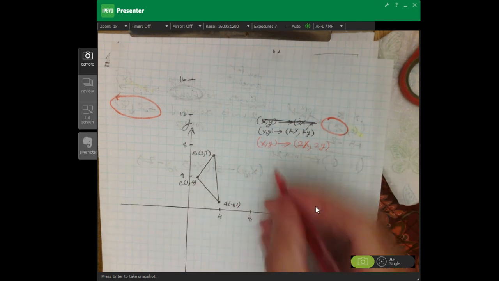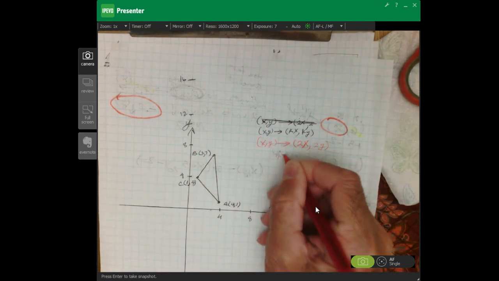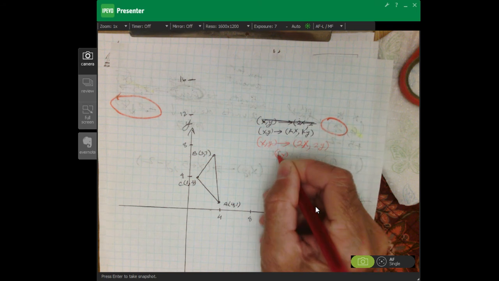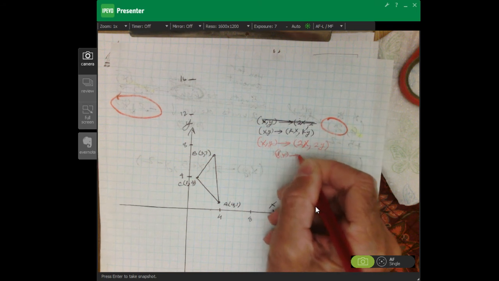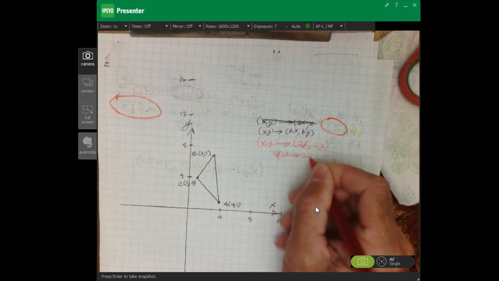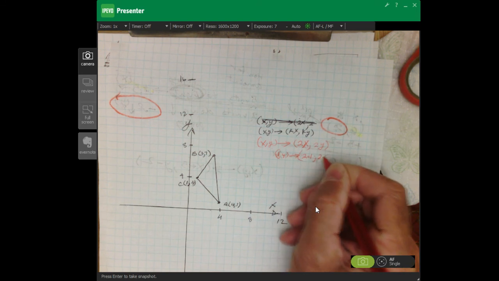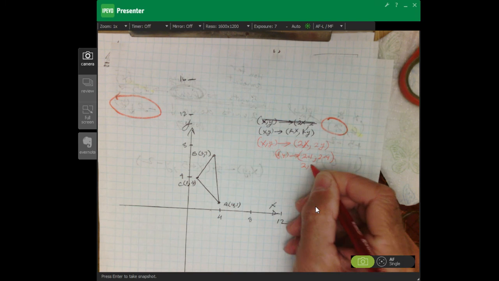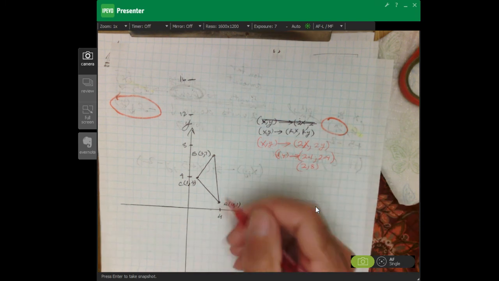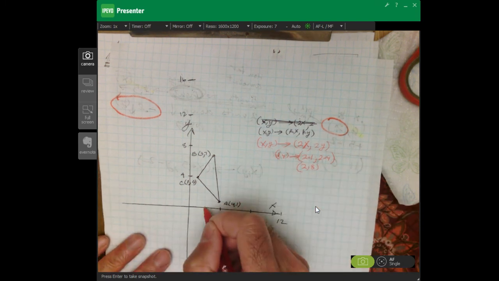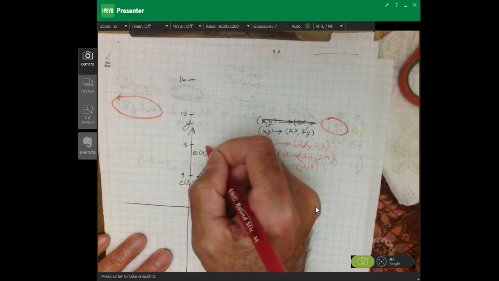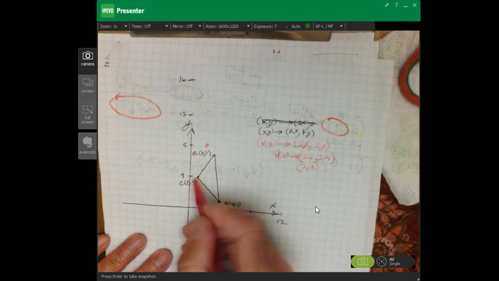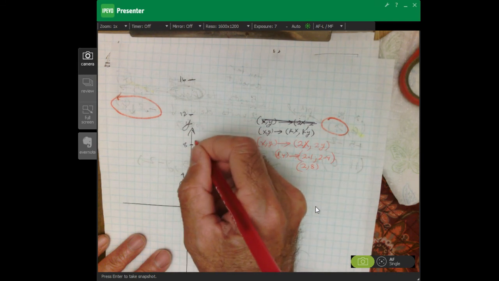So if we look at 1, 4, that becomes 2 times 1 and 2 times 4, which is 2, 8. So we're going to plot that point over 2, up 8, which is right there. And that was C, that will be C prime.